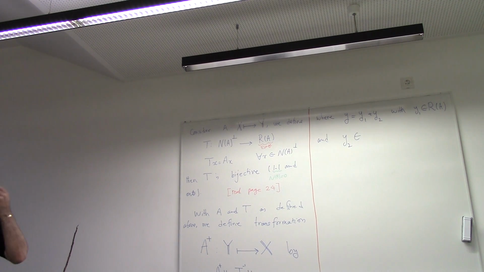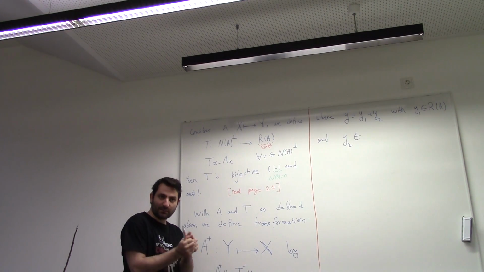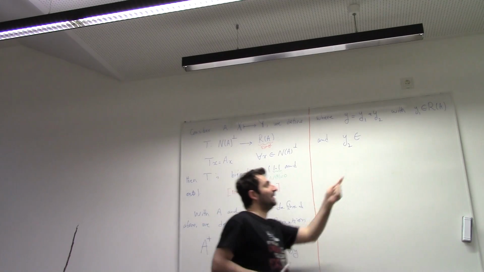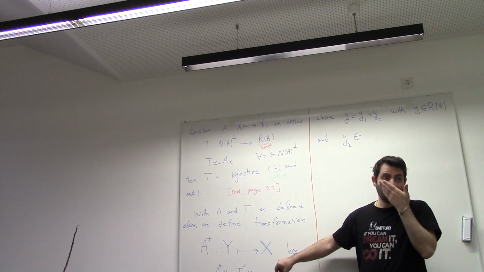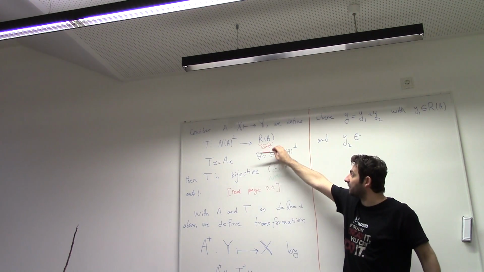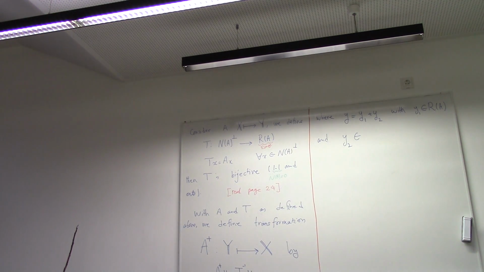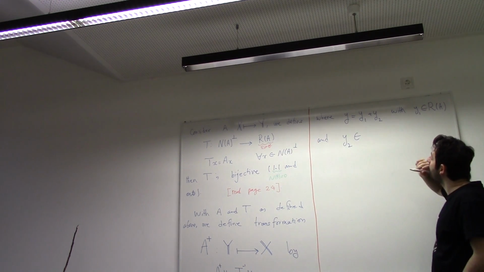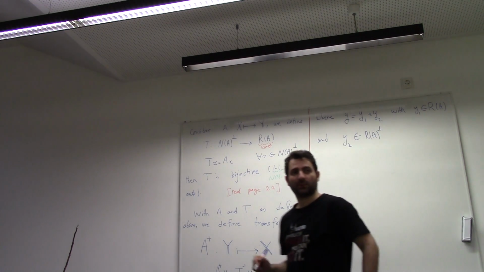Then how can we find what is y1 and what is y2? y1 symbolically shows all the vectors in R(A) which satisfy this condition for T. So y2s are not satisfying these conditions. So it is going to be the orthogonal complement of R(A). Exactly.